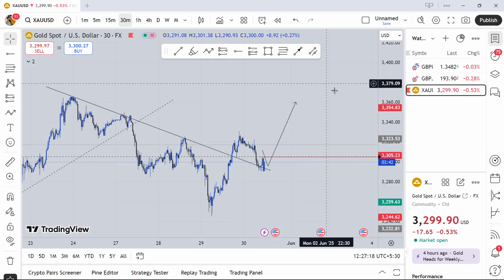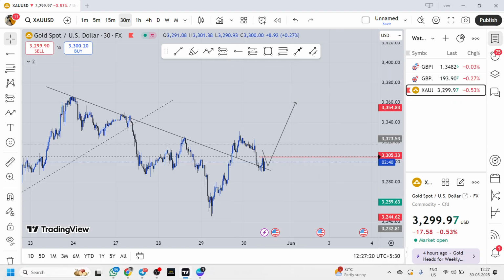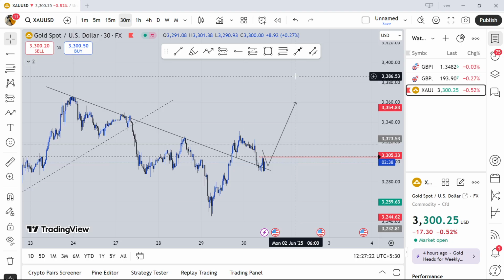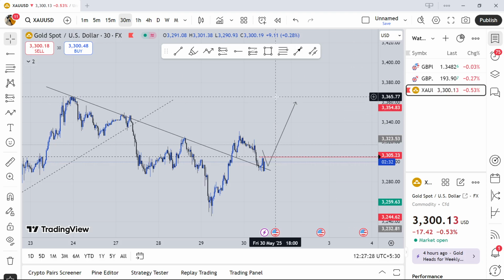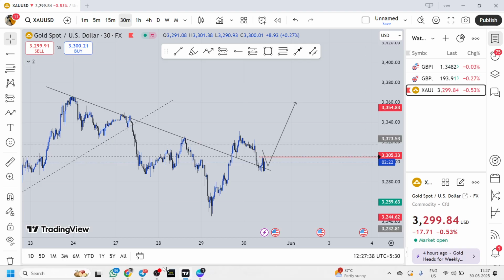We have got 3 minutes. I guess the market hasn't yet reached it. It's not going to be on that level. So let's watch out and see. I've got 2 minutes to wait and see.